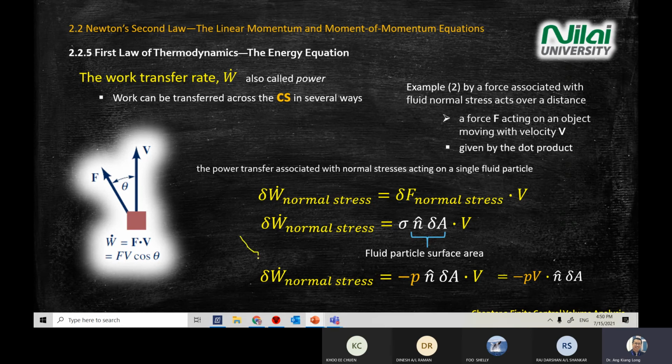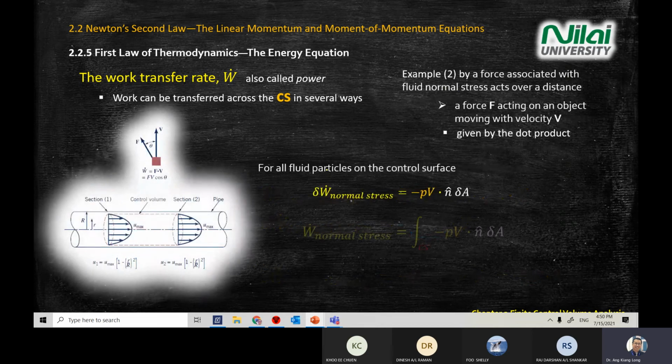Again, you see the partial differential means single particles. If you want to look at the overall system, you use the integration procedure to find the overall power. That's why, as you can see on the screen, we change the partial differential delta dimension to integration, integration over your control surfaces. Now pay a bit of attention to power.